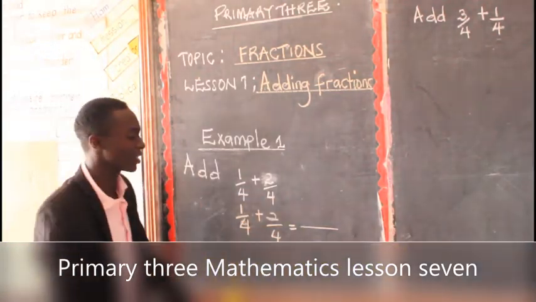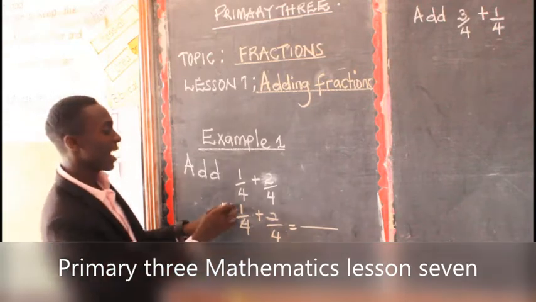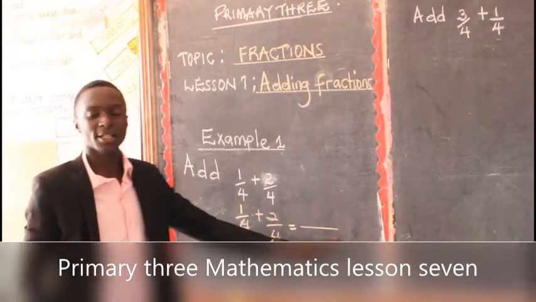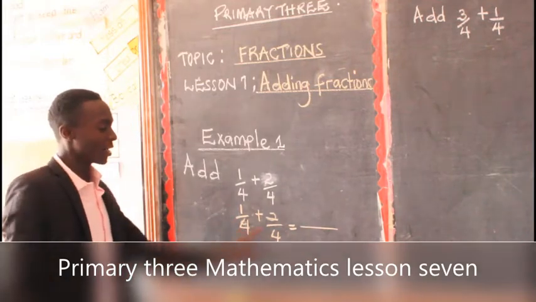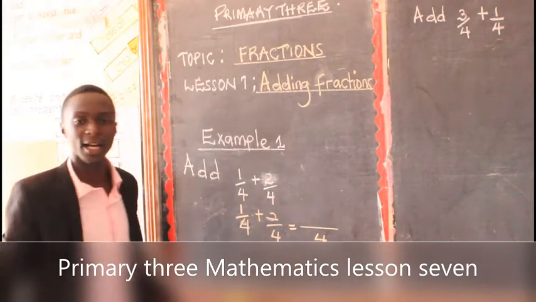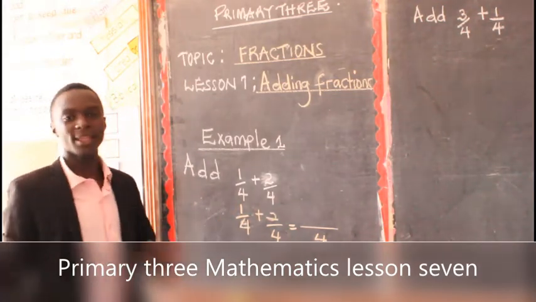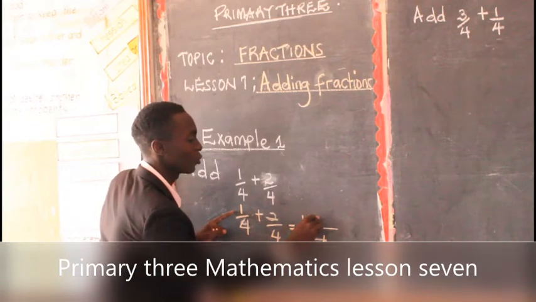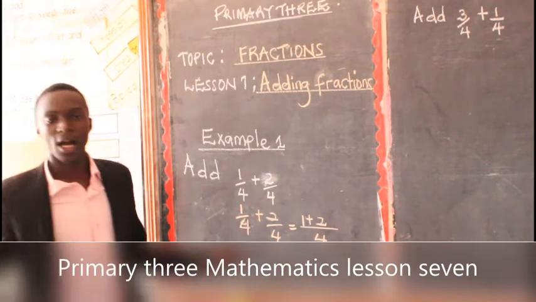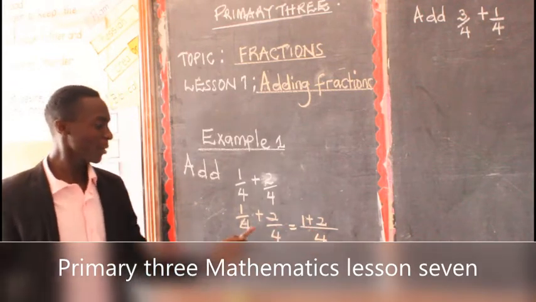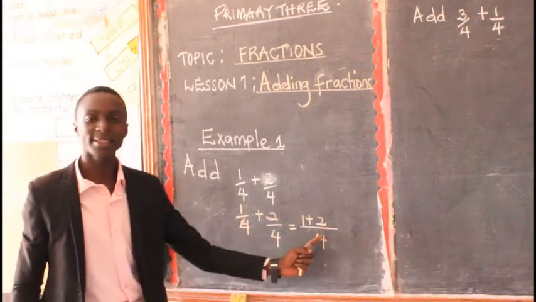After putting a dash there, this means that we shall add the numerators only, and we leave the denominator down. Our denominator is 4, so we bring 4 as our denominator, and we add the numerators. That is 1 plus 2, out of our common denominator, that is 4.